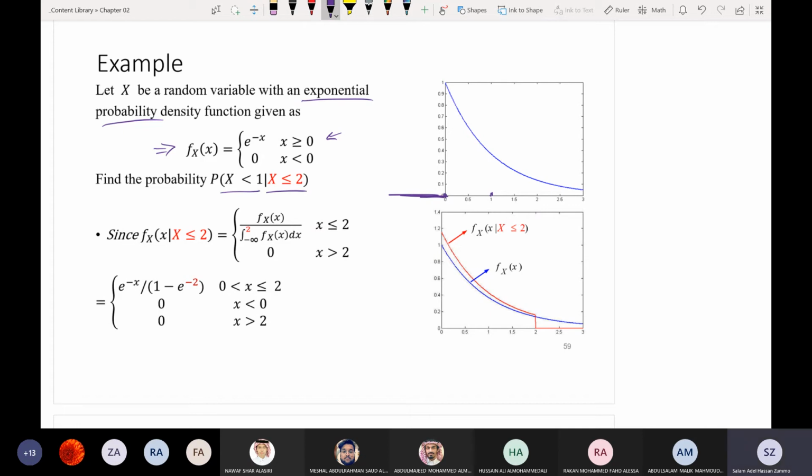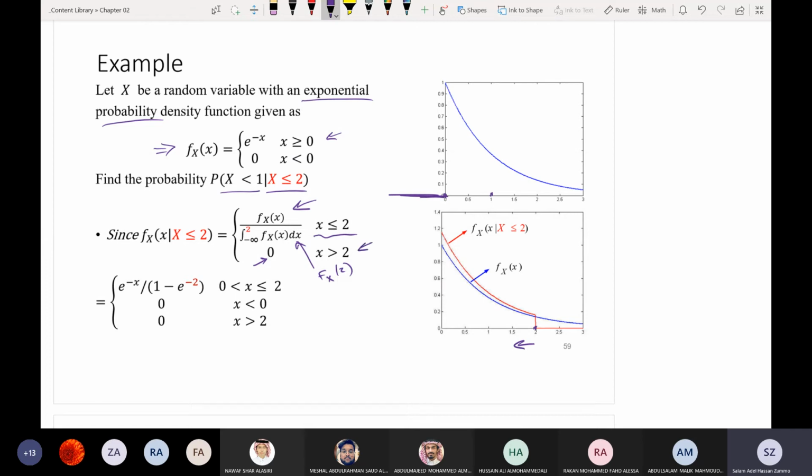Okay? In order to find this, we can just apply the equation that we studied. I will say this is equal to the PDF for the values x less than or equal to 2. It's equal to the PDF divided by اللي هي fx of 2, right? هذه nothing but fx of 2. And for x larger than 2, it's impossible, it's 0. Because given x less than 2, it's impossible that it has a value larger than 2.